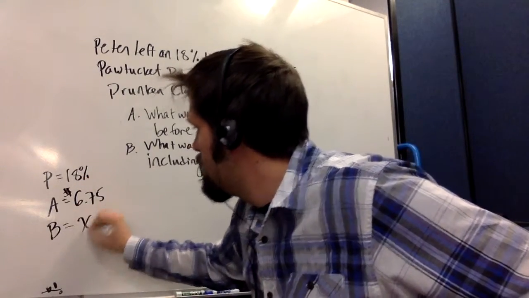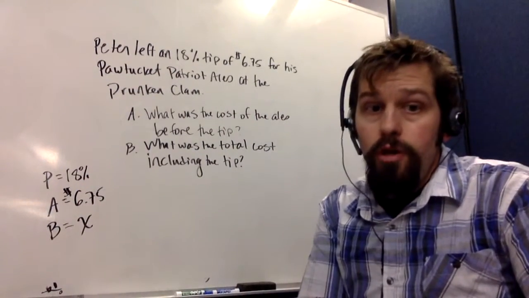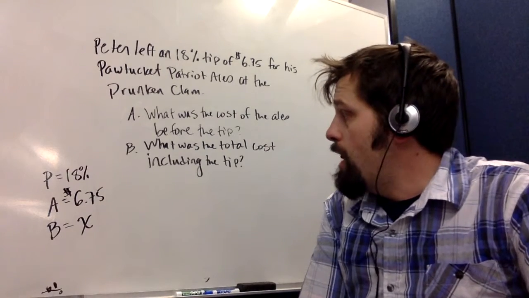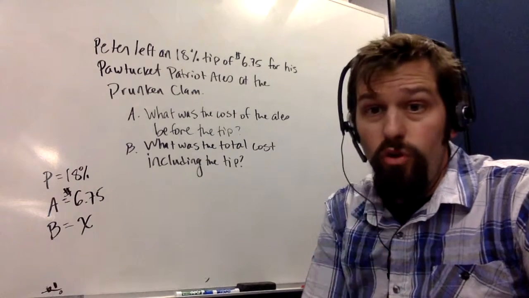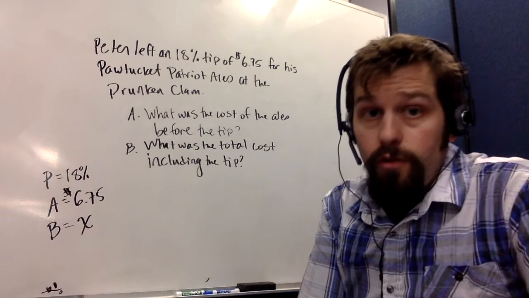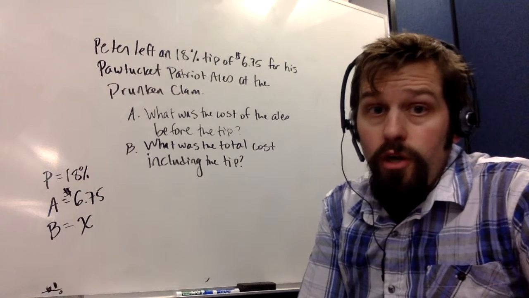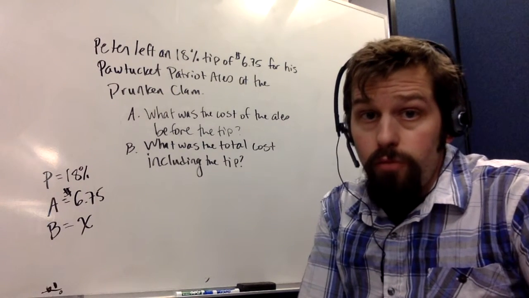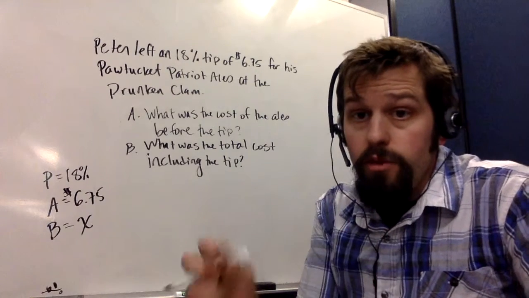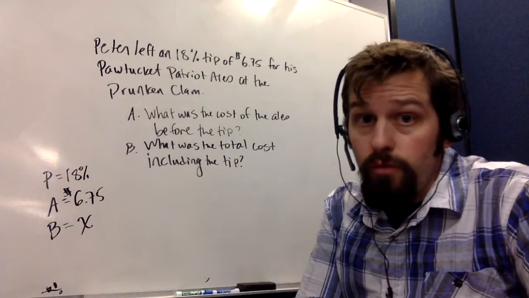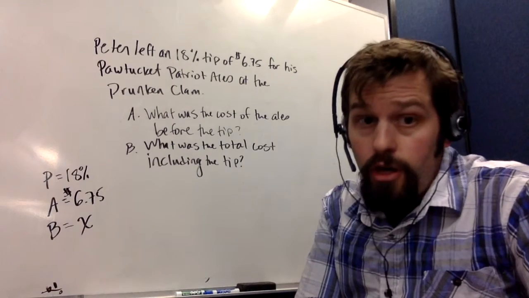The base is unknown, but notice here that amount equals percent times base. It's going to look just a little bit different, because if we stop and think about it, we know that to leave an 18% tip, we have to compute 18% of whatever we paid, and that is unknown.